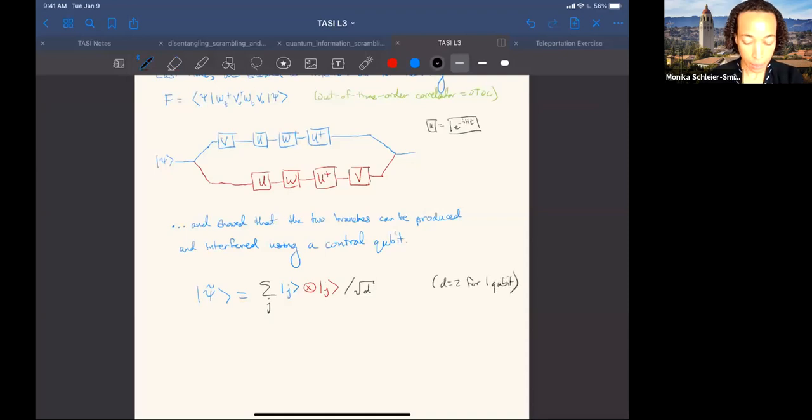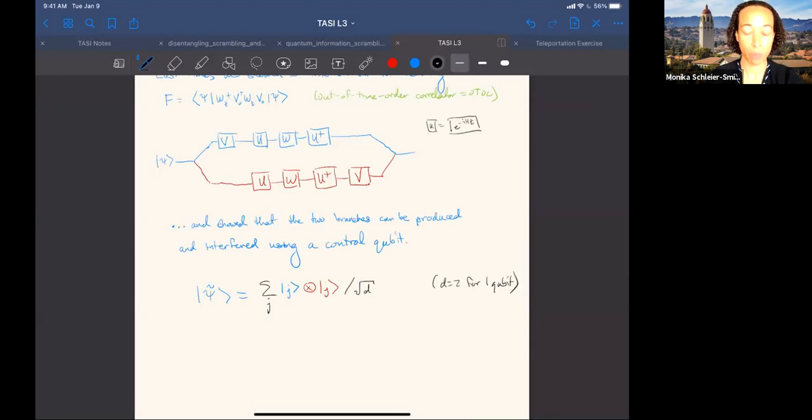Okay. And so the idea is that this is a state that, if I look at either system alone, either copy alone, and trace over the other one, the state looks flat random, but in its entirety, the system is in a pure state. I guess some of you have heard the term thermofield double state.